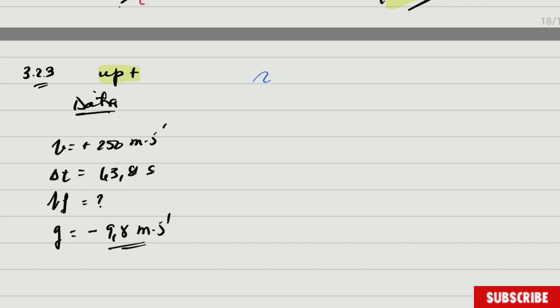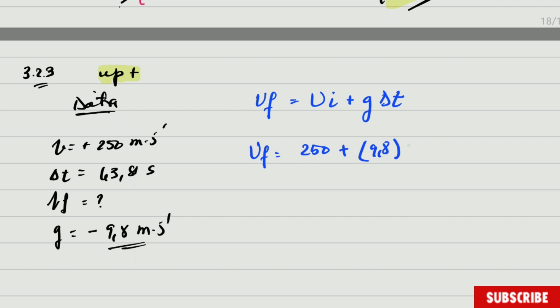It's quite simple, so now we can use the specific formula there. I'm not going to go through the formulas. I did show you how to do it, but the most suitable one for this one, according to the data we have, is the final velocity equals initial velocity plus acceleration multiplied by the time. So the final velocity is equal to 250 plus minus 9.8 multiplied by the time, which is 63.81.